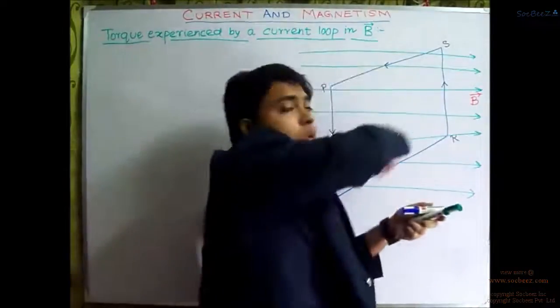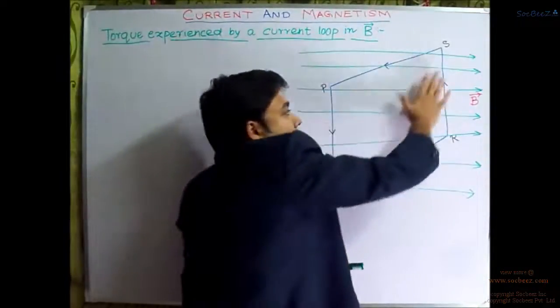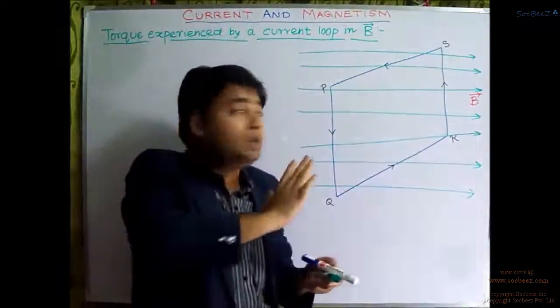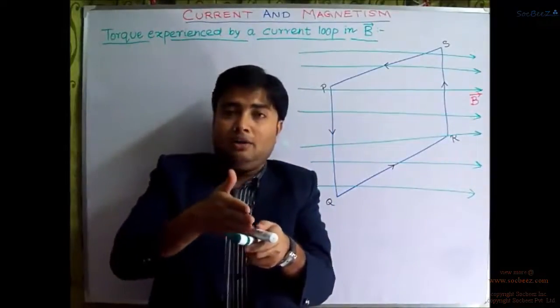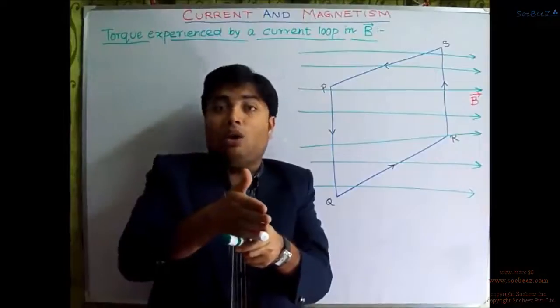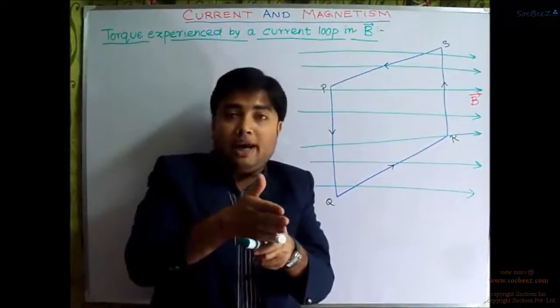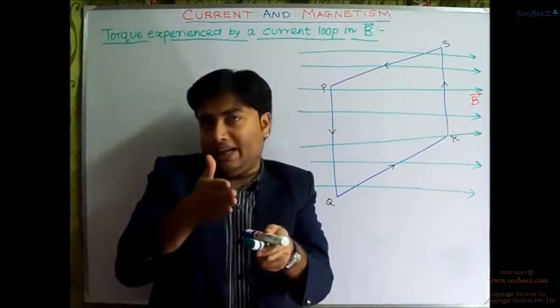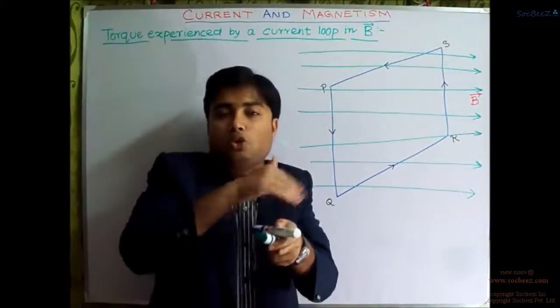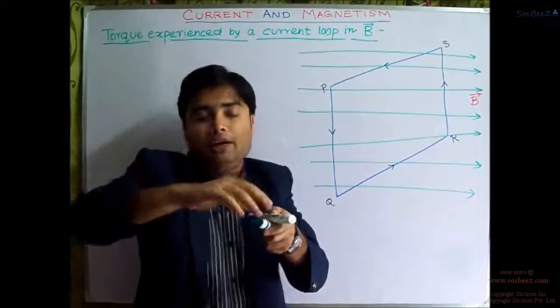This is a loop, so obviously it has got some area, right? So if theta is the angle, this is the plane of this loop PQRS, right? So theta is the angle between the plane of this loop and this magnetic field.